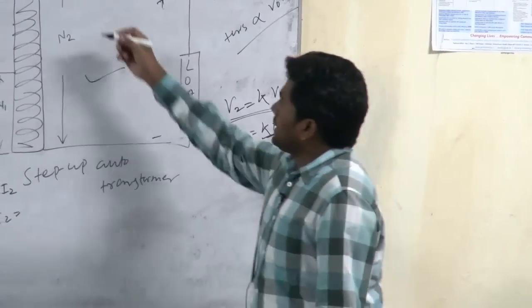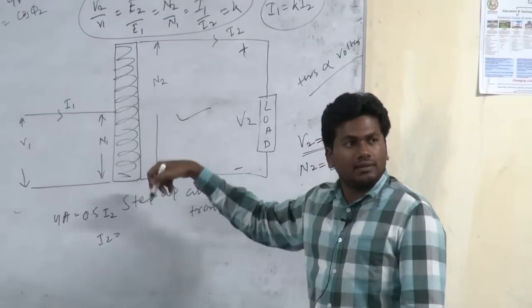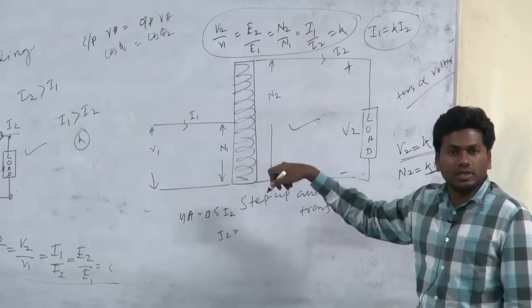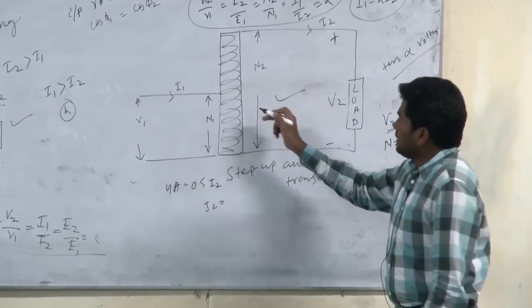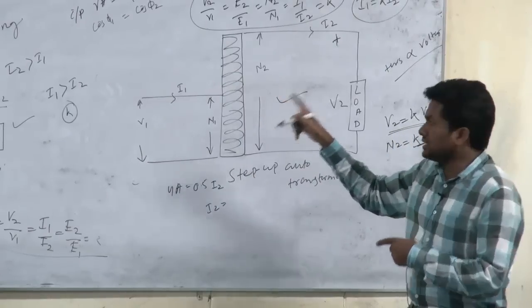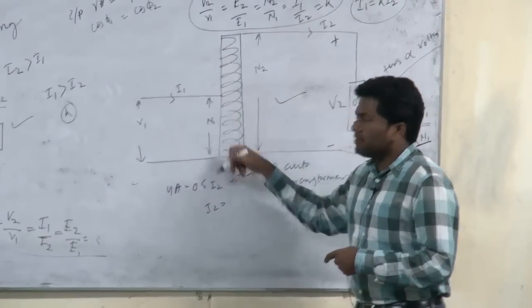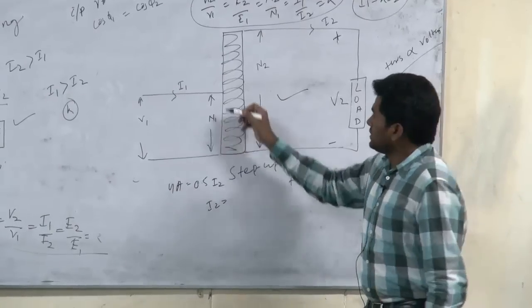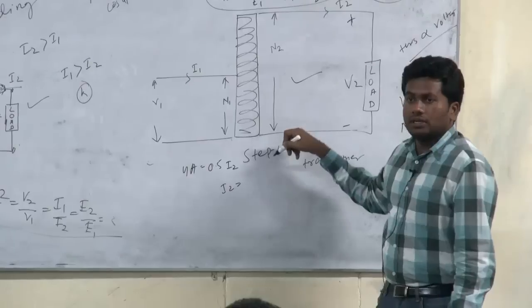So now here the number of turns is more in the case of the secondary winding. Yes or no? The number of turns in the secondary winding is more than the primary winding. So for example, this diagram shows that only N1 has half the number of turns of this N2. Yes or no? So this is half and this is full.